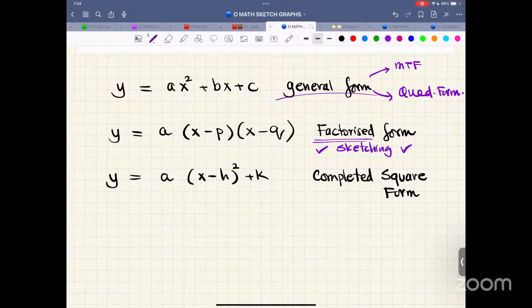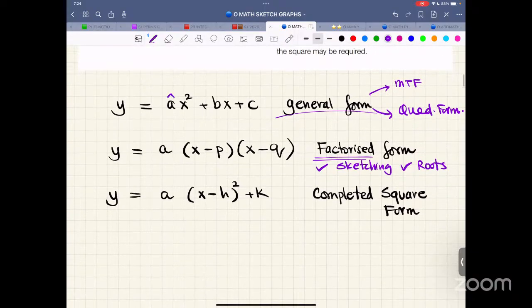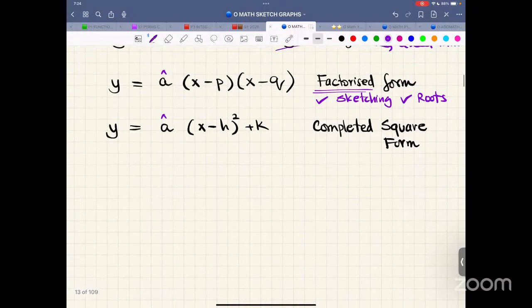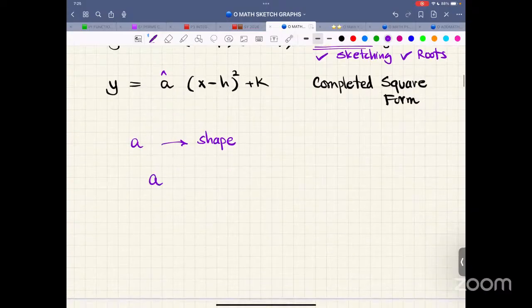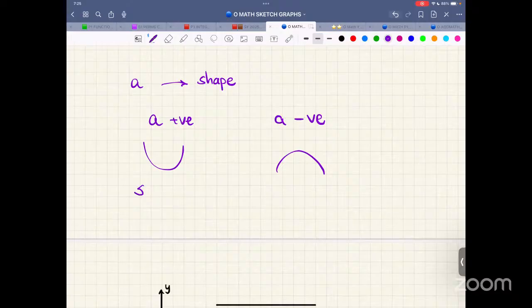This can be used for finding the roots. And the shape thing is common in all. So a tells us about the shape. If a is positive, the shape is like this. If a is negative, the shape is like this. This is a happy face.